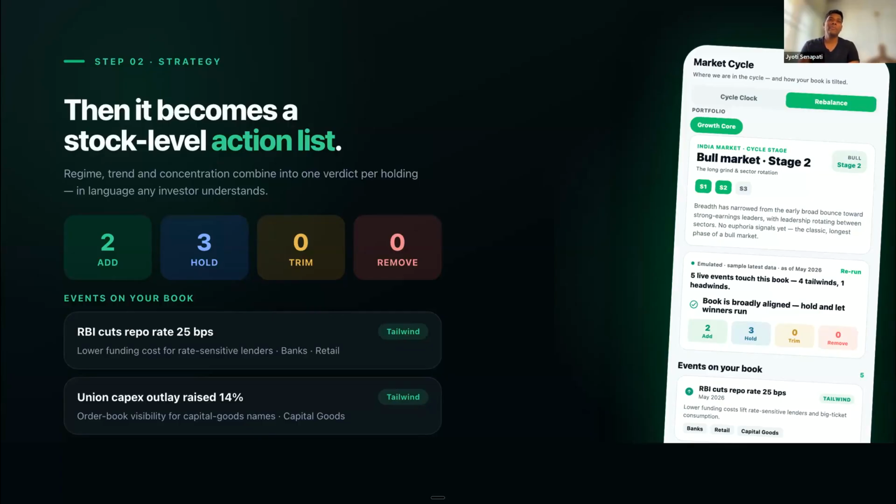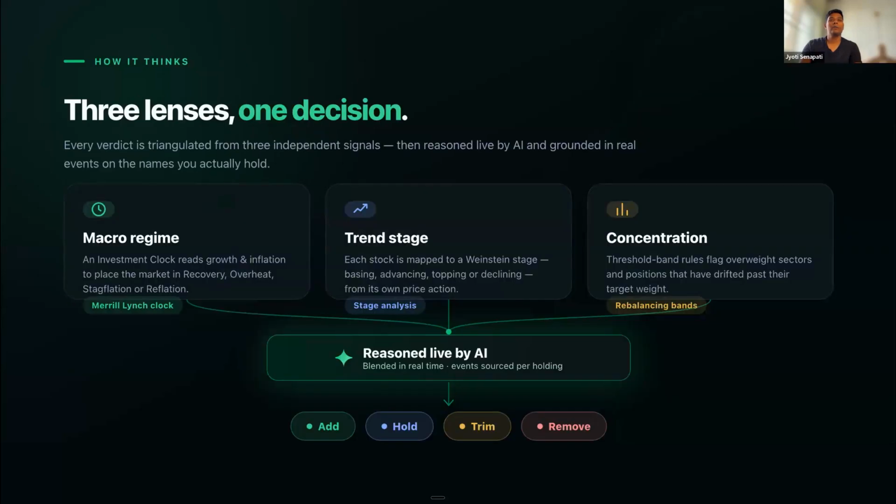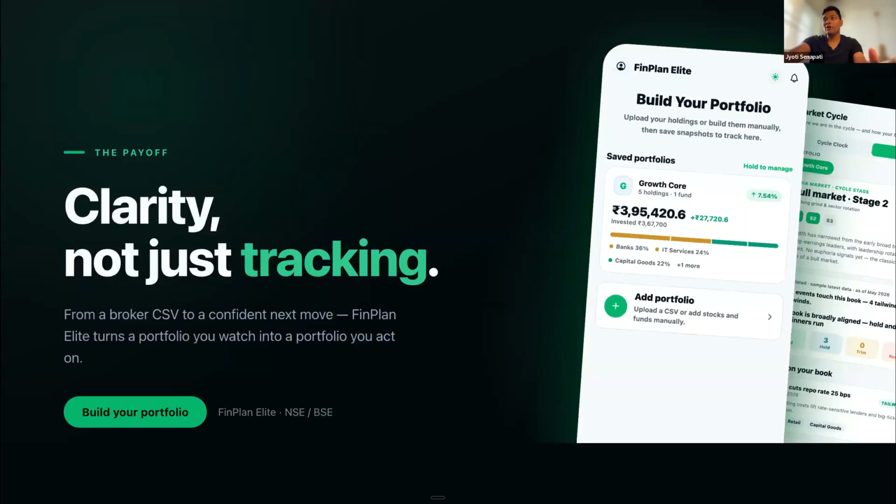Basically, it helps you add, hold, or remove certain stocks depending on which market cycle you are in and what the government push is for those categories. So that's how it works. This is the app. Now I'll move to the actual demo of the app. Any questions so far?